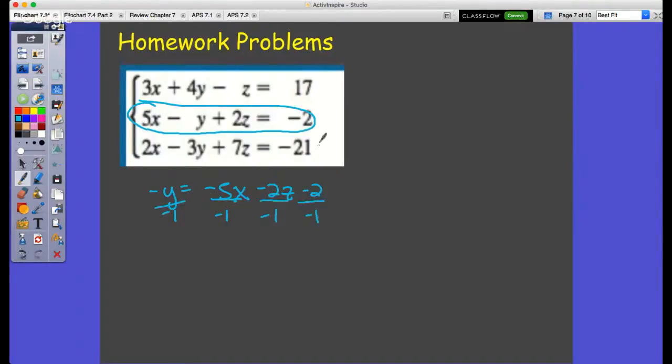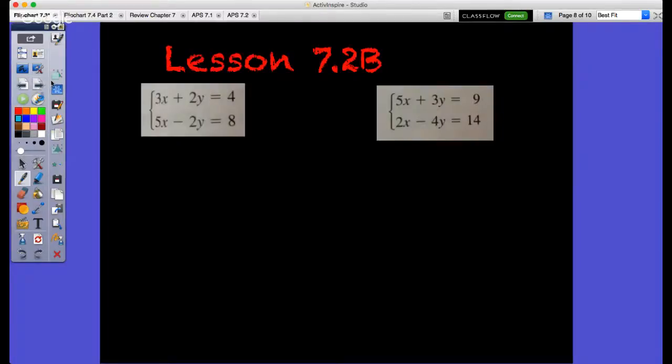Then y equals 5x plus 2z plus 2. We could substitute this in for both of the y's, here and here, and then that's where we could create the two-variable system. You could also do elimination. That's not wrong, but sometimes there are easier things that you could do with each one. That's what we're looking at.